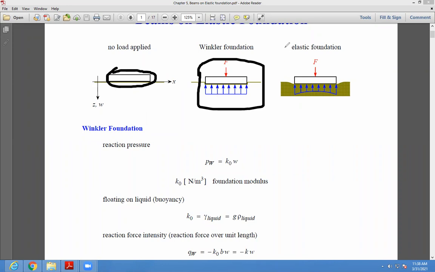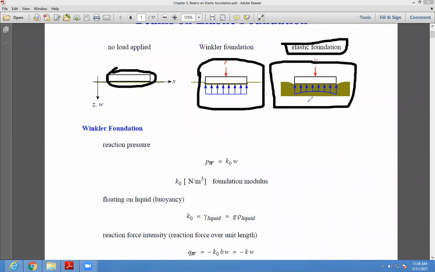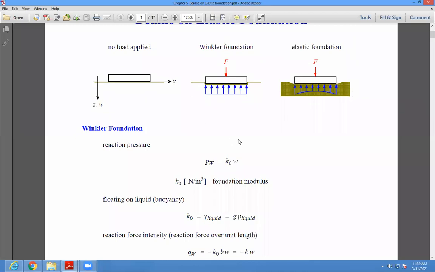As we discussed elastic foundation in the last lecture, this is the elastic foundation and this is your Winkler foundation, right? For analysis, we have to consider this concept, that is, the Winkler foundation concept, in the case of beams on elastic foundation.